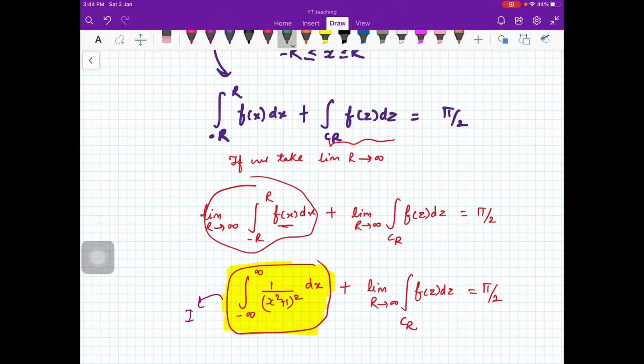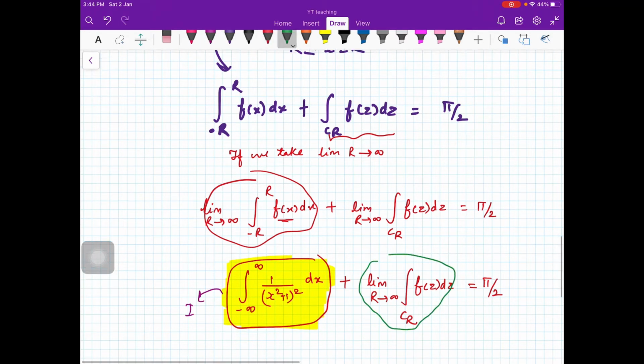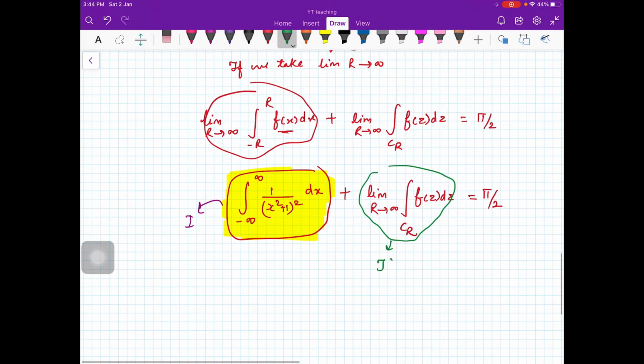If somehow I compute this value, then I will be able to compute I. And sometimes you should have some intuitive ideas about what the value of this integral should be, because our original integral is just a real one.